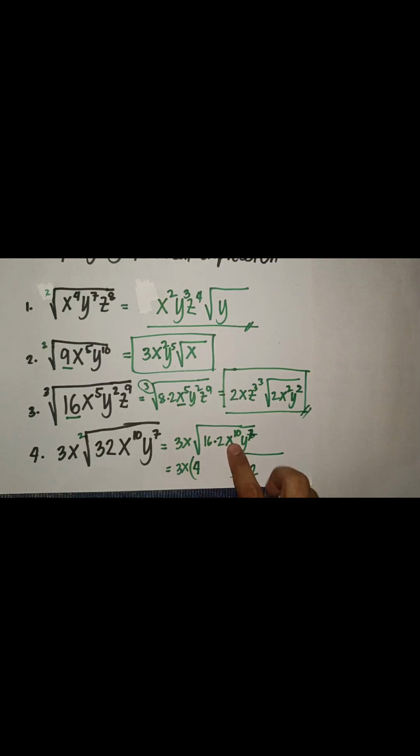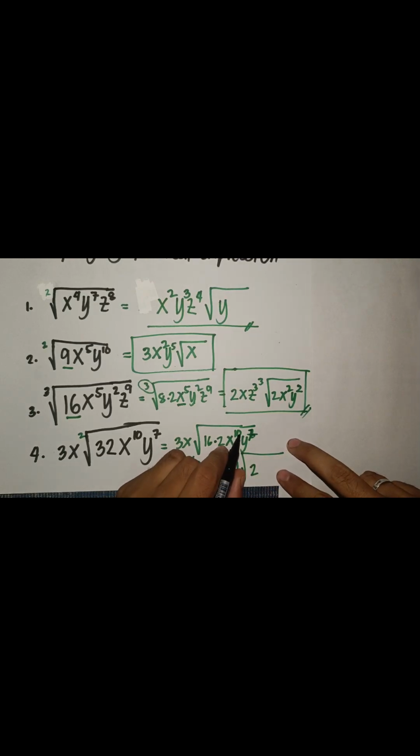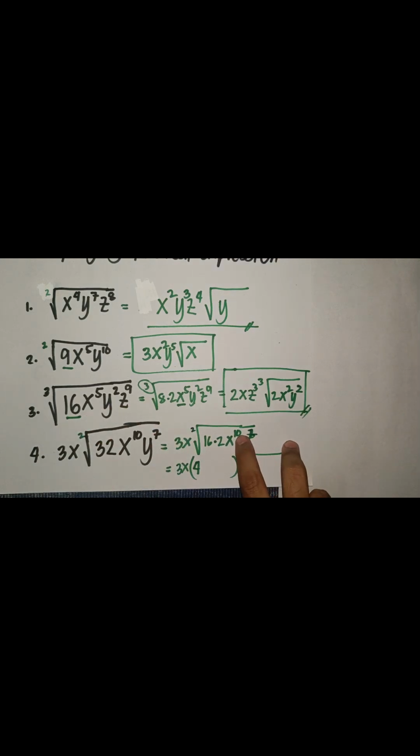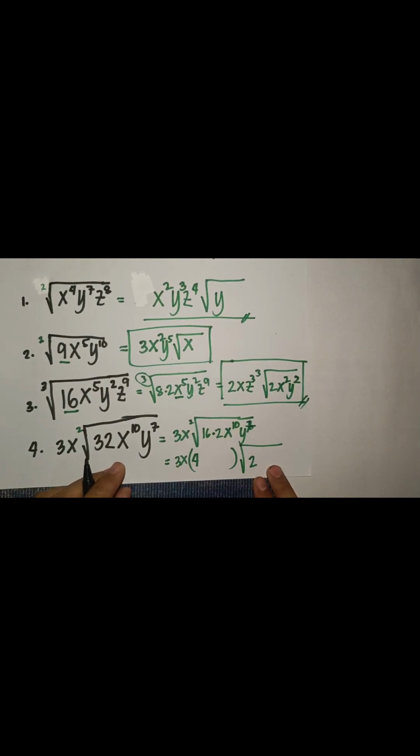Next is x to the exponent of 10. Take note again, the index is 2. 10 divided by 2 is 5, remainder 0. Meaning to say, there is no variable x that will remain inside the radical symbol. Again, 10 divided by 2 is 5.